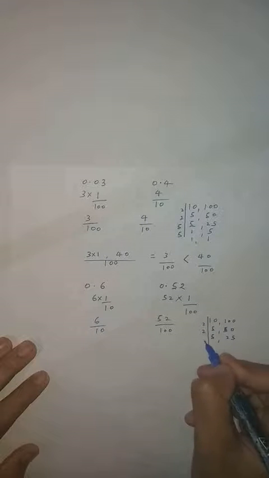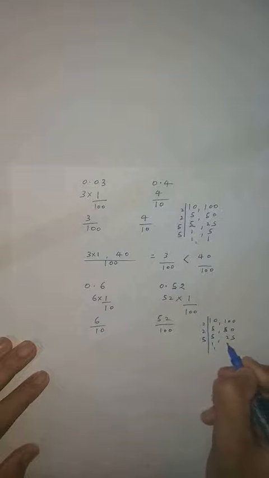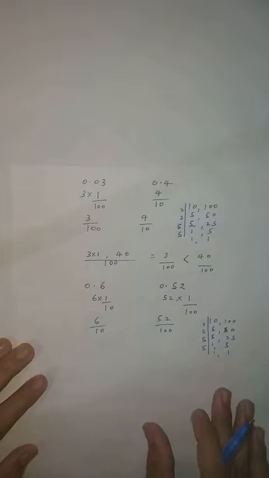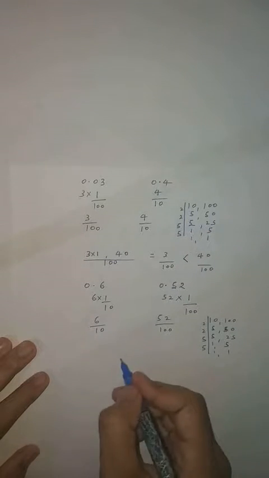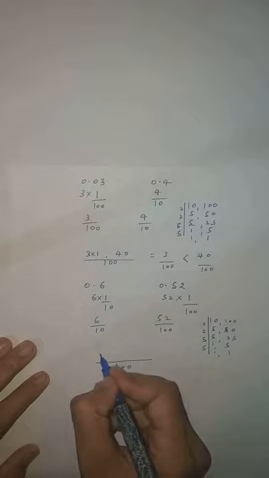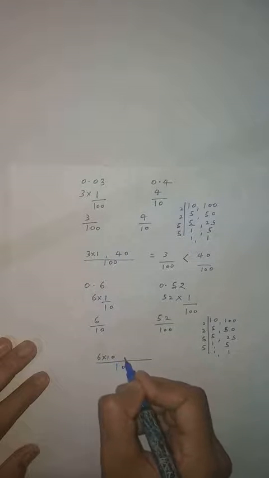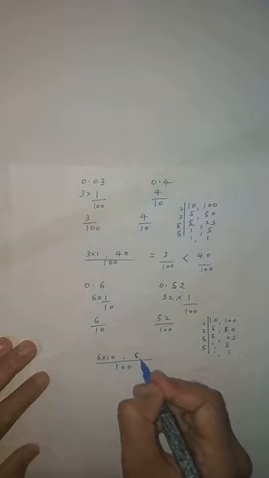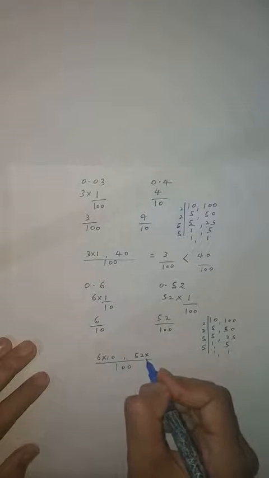So this is 25, then 5 1s are 5, 5 5s are 25, then again 5 1s are 5. So what is the LCM? 5 5s are 25, 2s are 50, 2s are 100. So it will come 100. Now 10 10s are 100, so you know that 6 multiplied by 10. Clear? Then 100 1s are 100, so 1 comes, so 52 multiplied by what? 1.